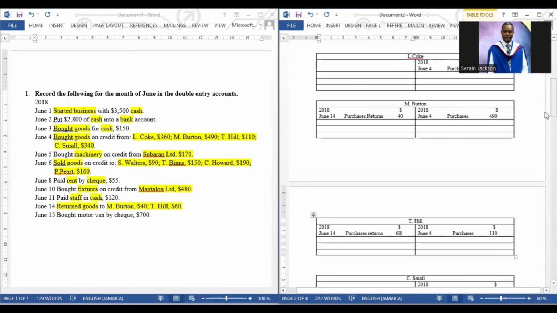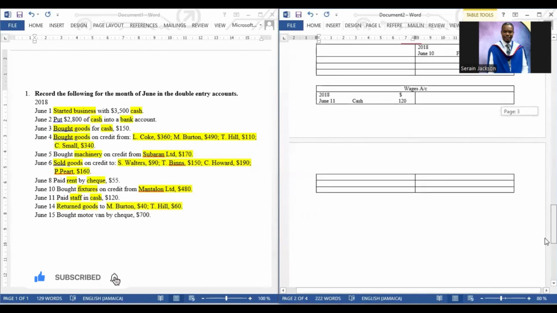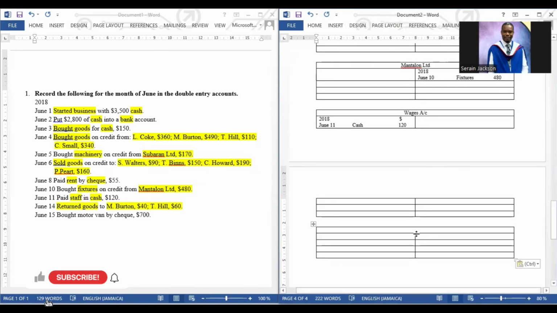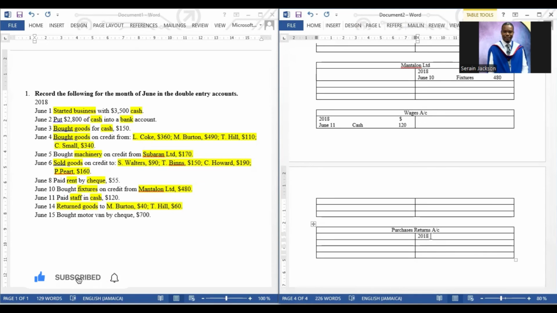So we have to now go and create a purchases returns account, because we don't have one as yet, right? So this is our purchases returns account. And we're going to credit it with the information now.